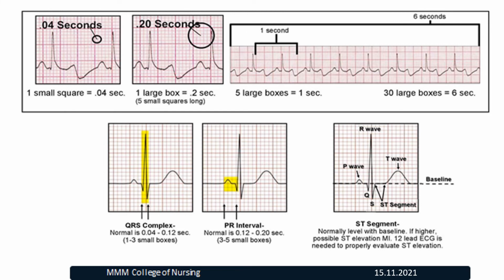One small square 0.04 second, one large square 0.2 second, 5 large squares 1 second, 30 large boxes 6 seconds. QRS complex 0.04 to 0.12 second, PR interval 0.12 to 0.20 second, and we can see the ST segment.